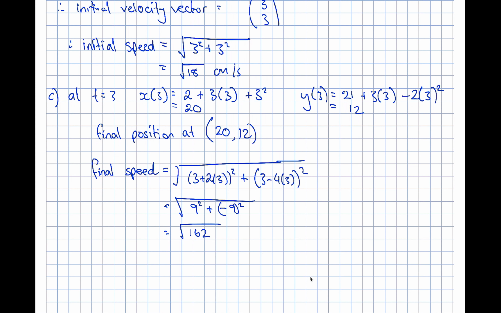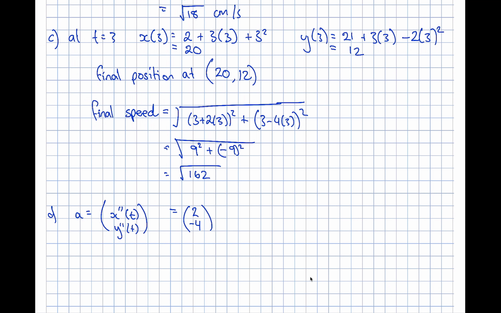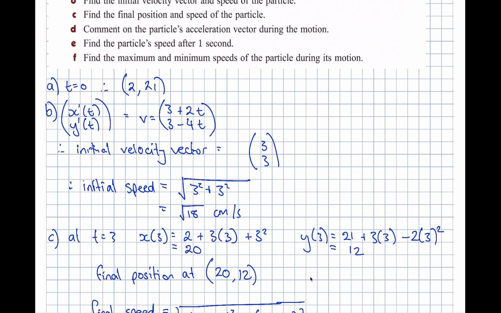We can look at it and say, well, I know that that's just going to be 2, negative 4. But I would suggest that if they're asking you to comment on it, you'd say it's got a constant acceleration of 2 centimetres per second squared in the x direction and negative 4 centimetres per second squared in the y direction. All we're doing is just breaking it up into its 2 components and then dealing with it.